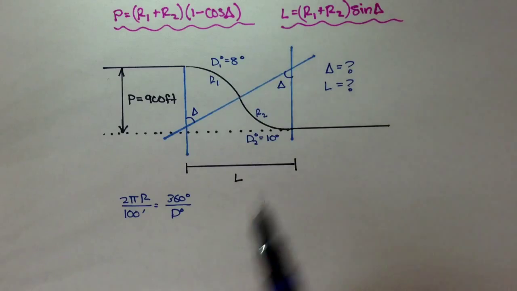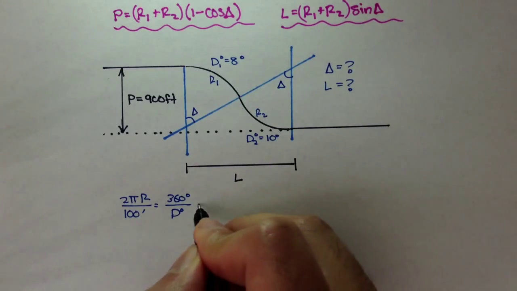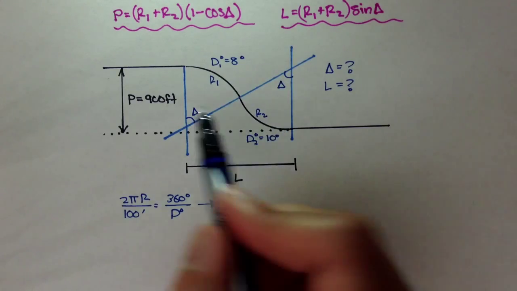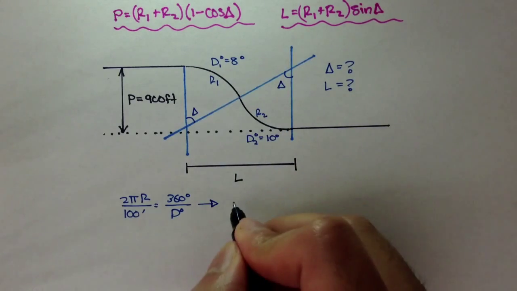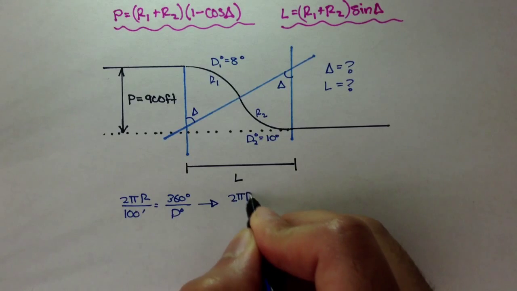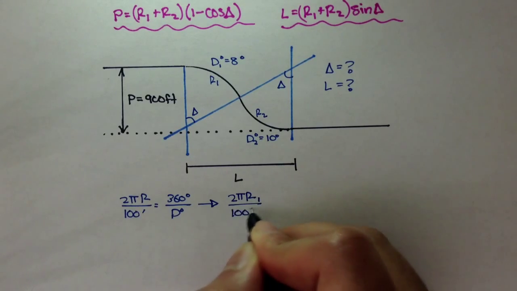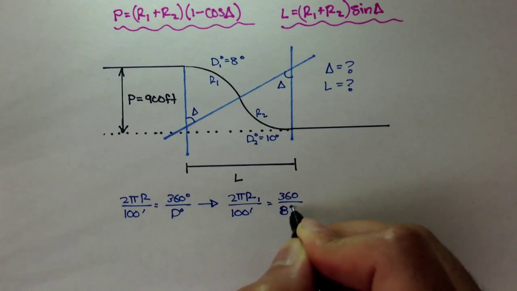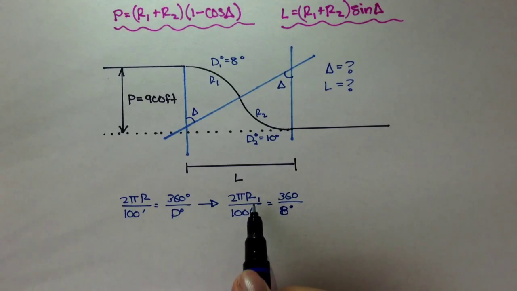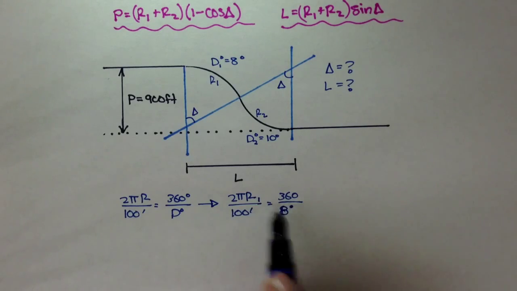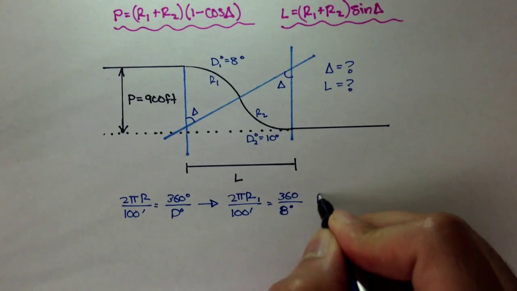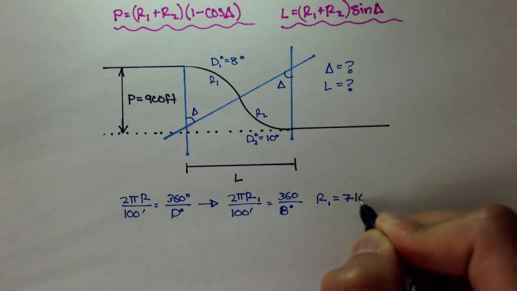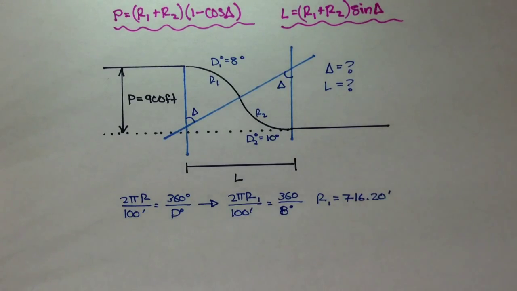So for curve 1, if we plug in D1, the degree of curvature for curve 1, which is equal to 8 degrees, and punch this into our calculator, we'll get R1 is equal to 716.20 feet.